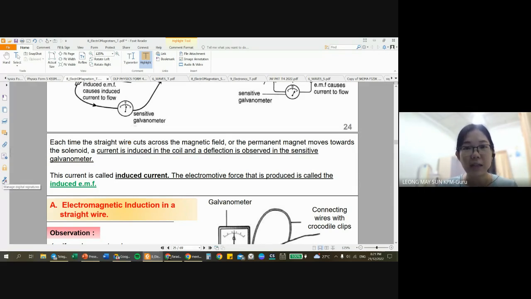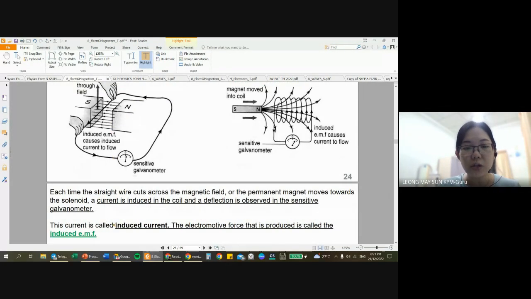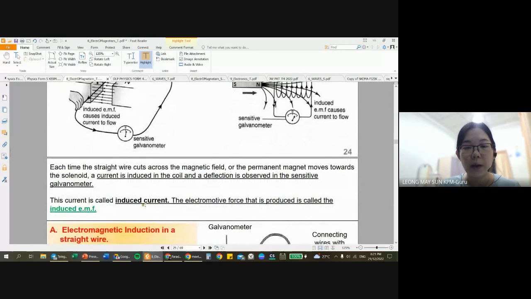There's only relative motion between the wire or the solenoid and the magnet. When the wire or the solenoid cuts the magnetic field lines, it will induce a current. When a current is induced, definitely there is a source, an electromotive force, so that's why it's called the induced electromotive force.